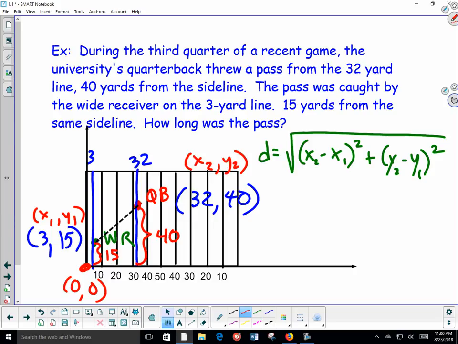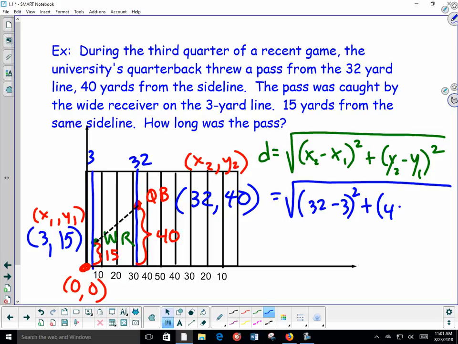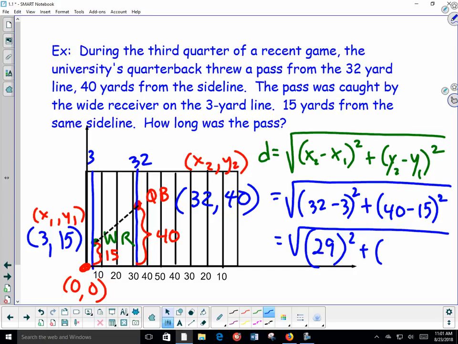It makes no difference which one is (x1, y1) and which one is (x2, y2). So when I plug those in, I get that the distance is going to be the square root of (32 minus 3) squared plus (40 minus 15) squared. And if I simplify that a little bit more, I get 29 squared plus 25 squared.